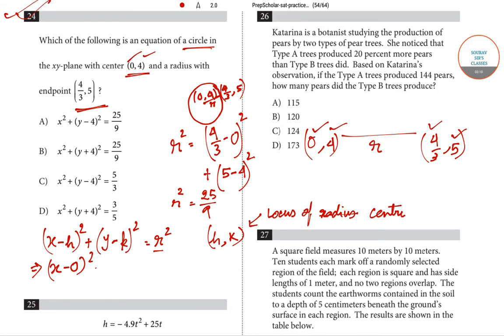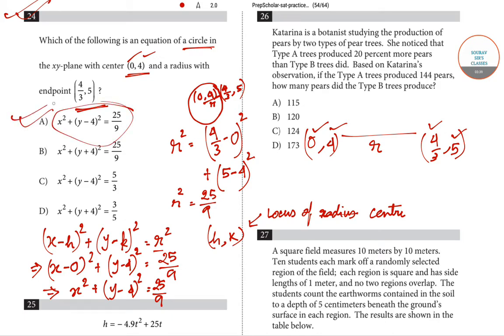So x minus 0 plus y minus 4 whole square is equal to r square, that is 25 by 9. So we have got x square plus (y minus 4) whole square is equal to 25 by 9. This is the equation of the circle. So option A is correct for question number 24.